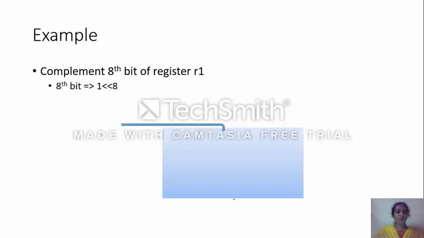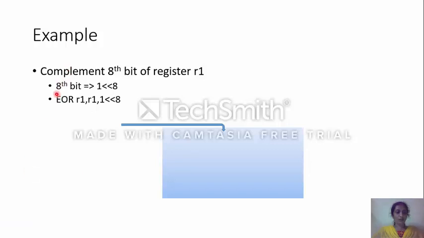Okay. So another example I will give you: complement 8th bit of register R1. So I want to complement only a particular bit of the register R1. So the 8th bit, I can represent it as 1 left shifted by 8. See the syntax here, this is important.